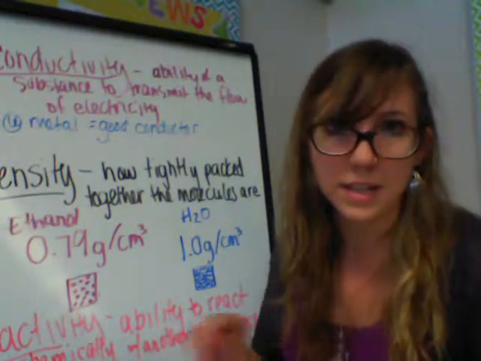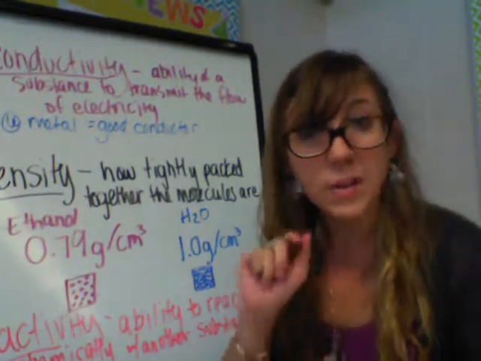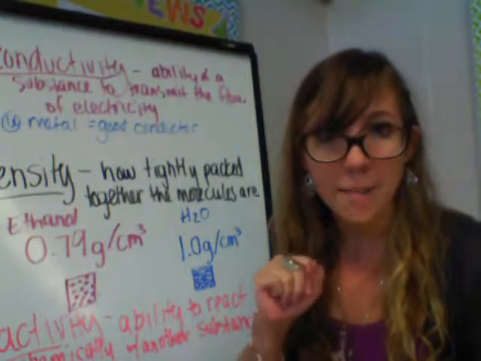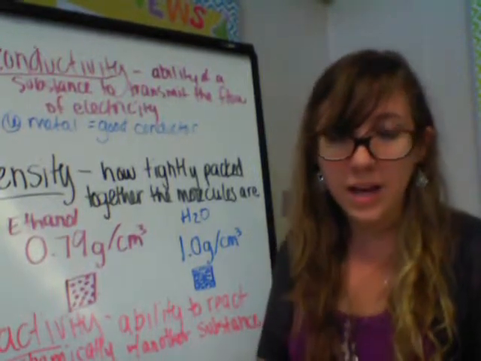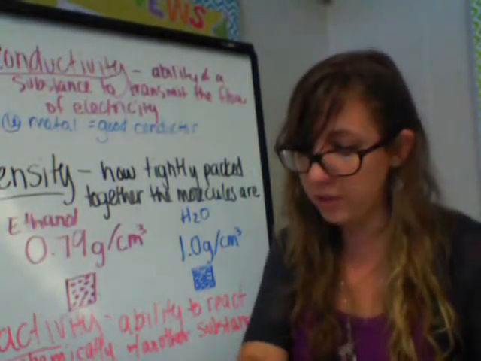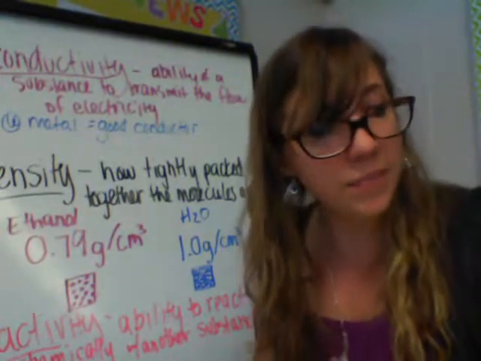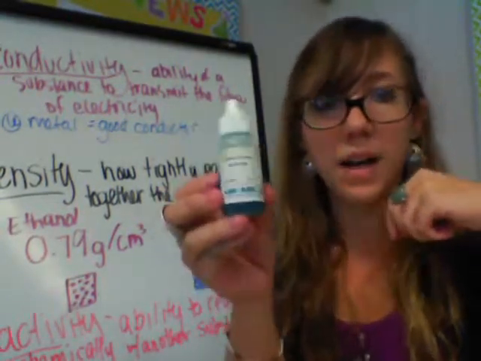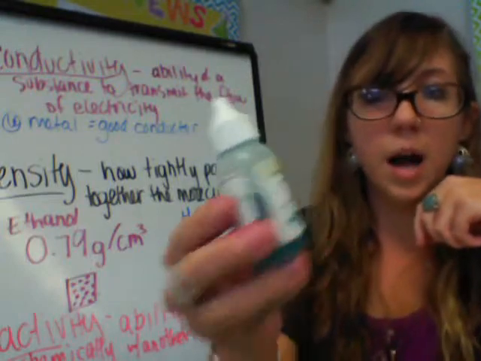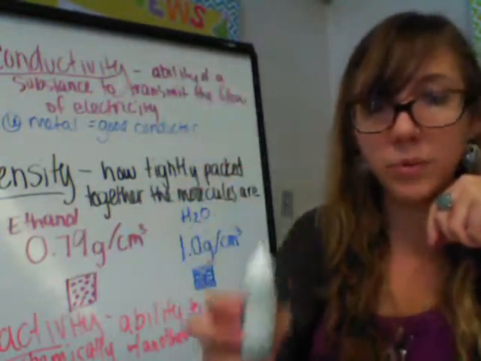You'll float the things in the substance, and your lab manual will tell you exactly how to do that. The last one that you're going to do is reactivity, and you have this little bottle of copper chloride, and it's blue.